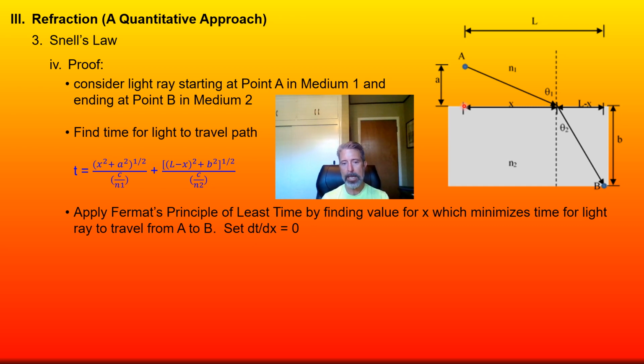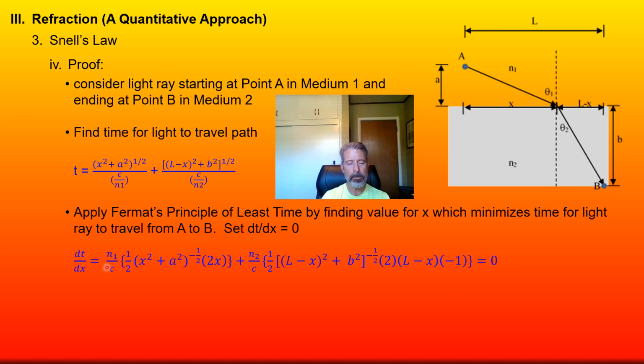Because it would represent a maxima or a minimum. So when we take the derivative of this time expression with respect to the variable x and set it equal to 0, this is what we get here.